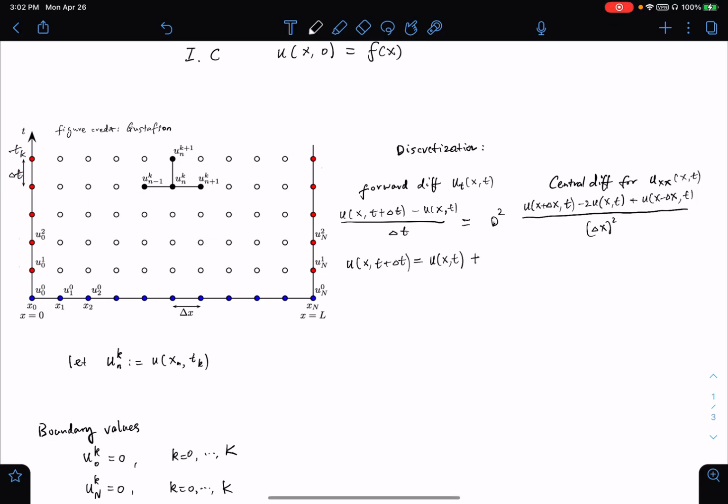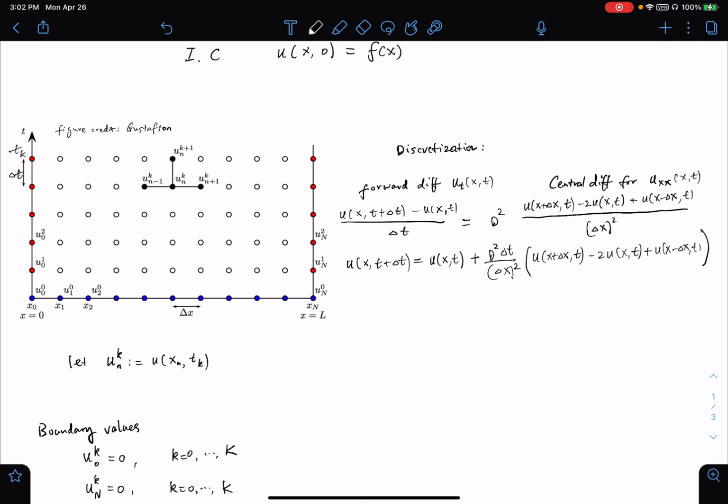Then we multiply delta t to the right hand side and collect the constant, so we have d squared times delta t divided by delta x squared, times the three terms: u(x plus delta x, t) minus 2u(x, t) plus u(x minus delta x, t).